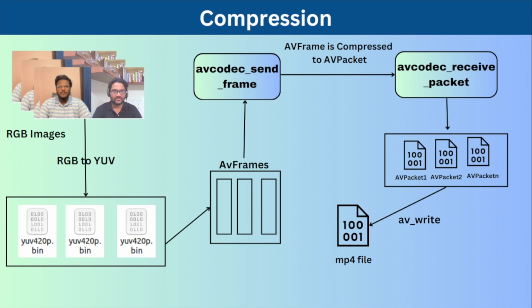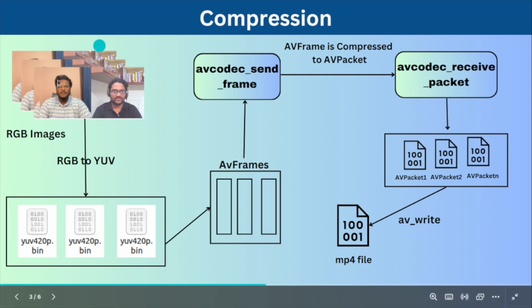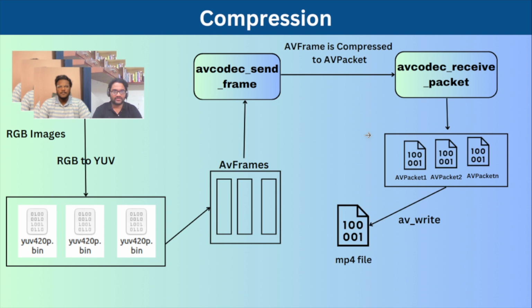So I will divide the compression part into different building blocks. Today we'll see RGB to YUV format, and in the next video we will see how to dump this YUV data into AVFrames, and from there encode the frame using an x264 encoder, or in fact any other encoder.